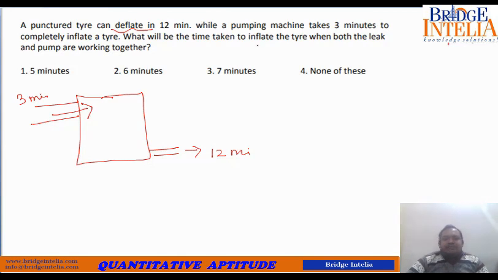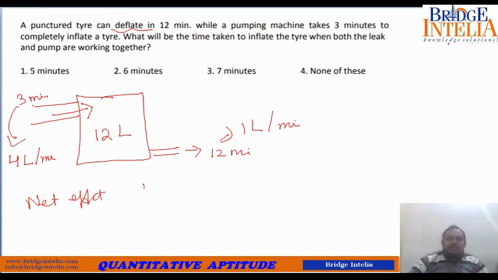What will be the time taken to inflate the tire when both the leak and pump are working together? Before that we have to assign a value to the volume. So take the LCM of 3 and 12. So 12 liters. The rate of flow of the one taking inside is 4 liters per minute, the one taking it outside 1 liter per minute.